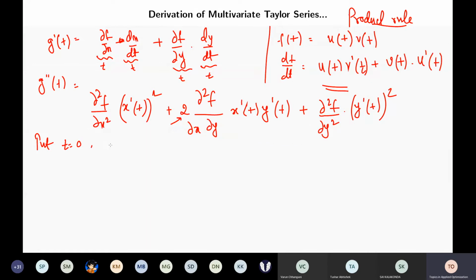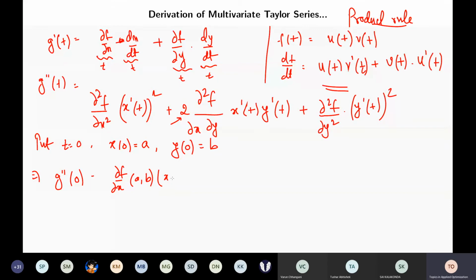So this will imply x0 will be a and y0 will be b, and hence g double derivative at 0 will be del f by del x, computed at a b.